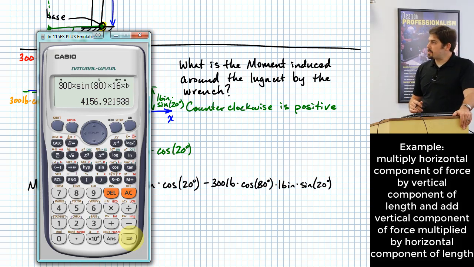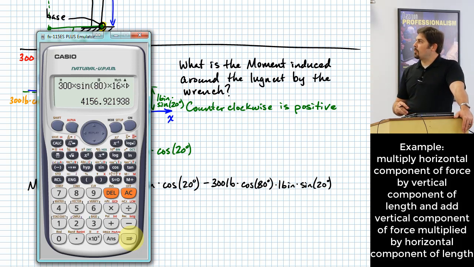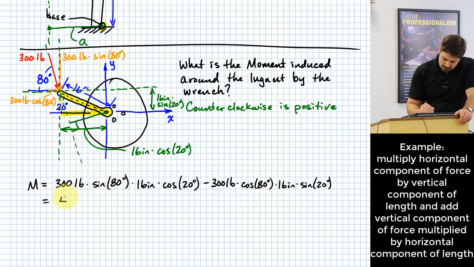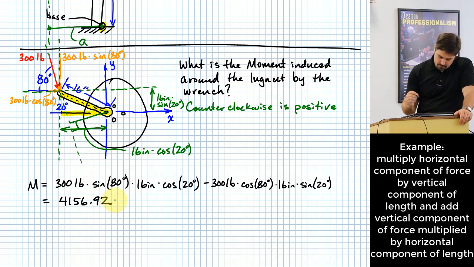And that will give us 4156.92. What are those numbers? Okay, someone says inch pounds.